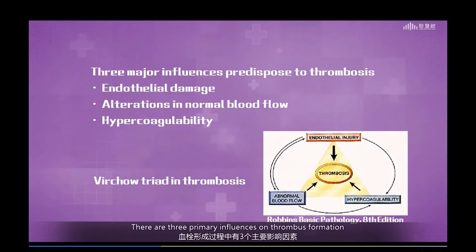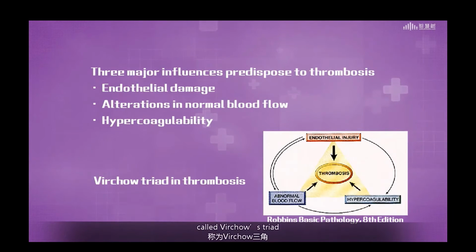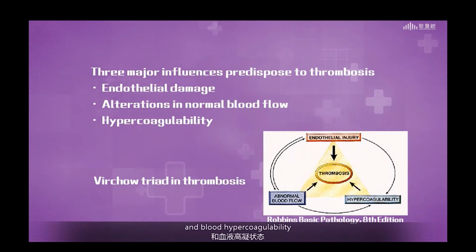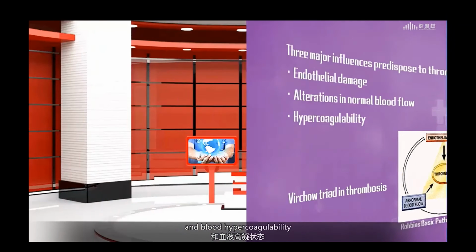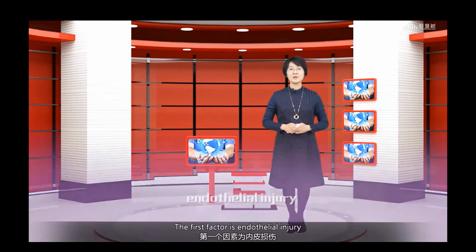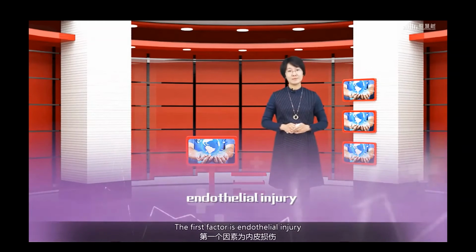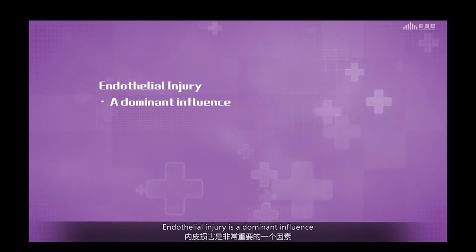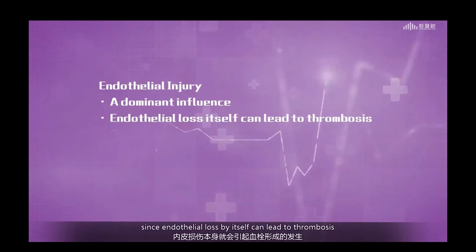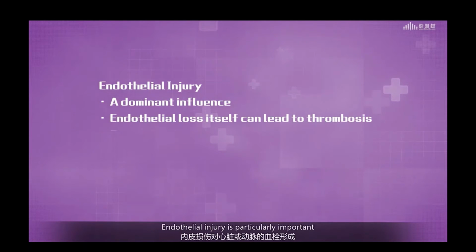There are three primary influences on thrombus formation called Virchow's triad, namely endothelial injury, alteration in normal blood flow, and blood hypercoagulability. Next, we will introduce these three factors one by one. The first factor is endothelial injury. Endothelial injury is a dominant influence, since endothelial loss by itself can lead to thrombosis.